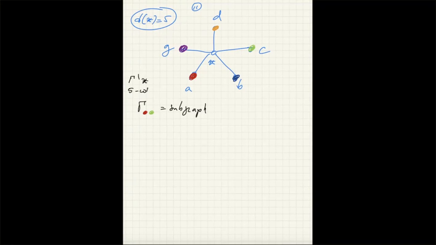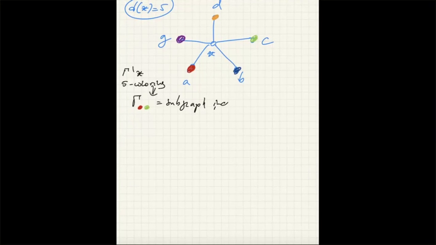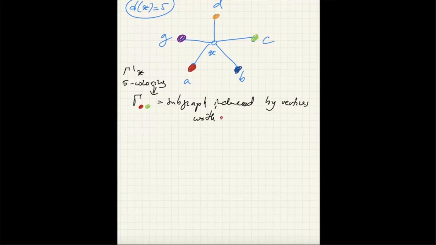We have a proper 5 coloring there. And we look at the subgraph induced by vertices with those colors. This and this. So A and C are in that graph.